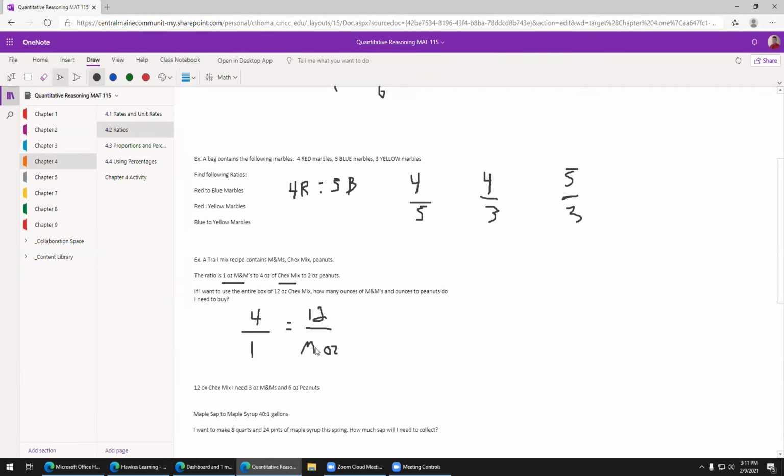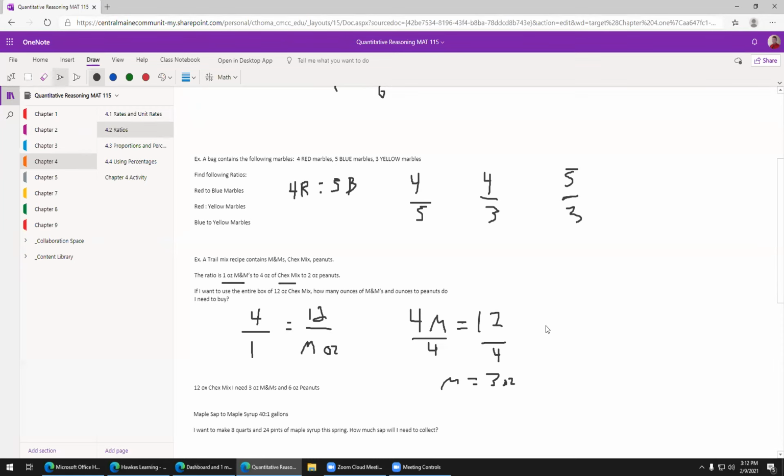So do my cross multiplication thing. I get 4M equals 12, and then divide both sides by 4. I get M is 3. So I need 3 ounces of M&Ms for my 12-ounce box of Chex Mix.